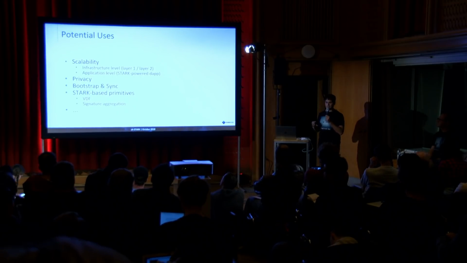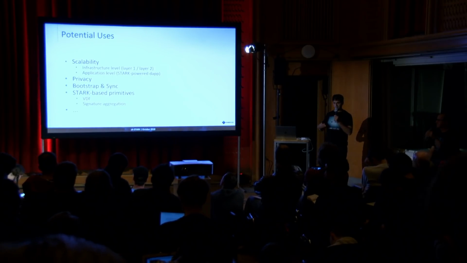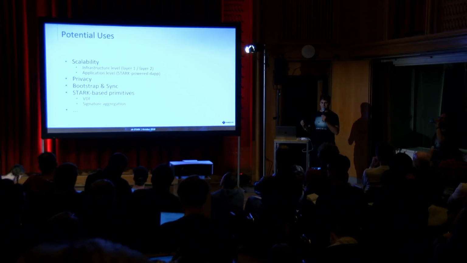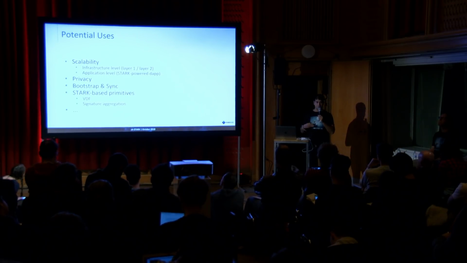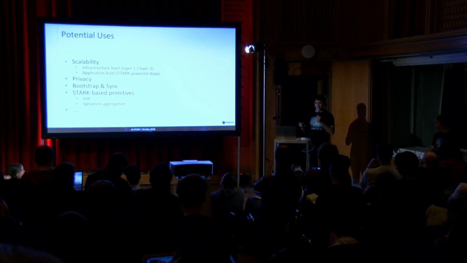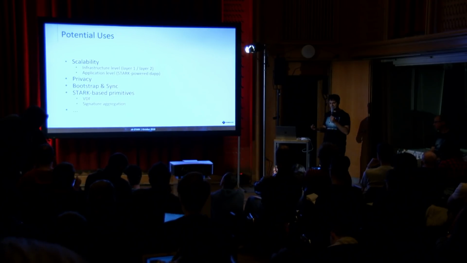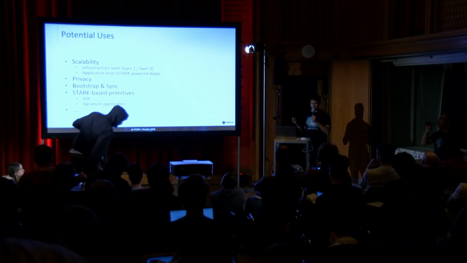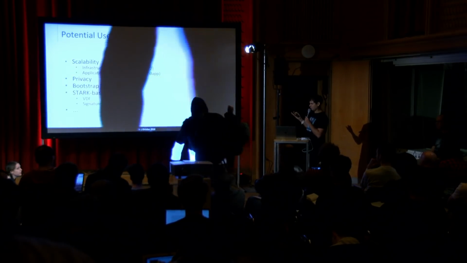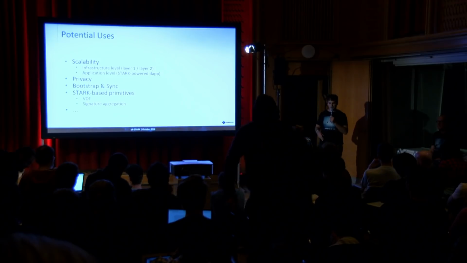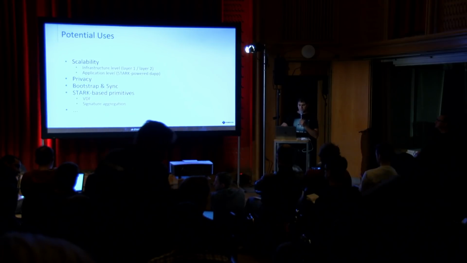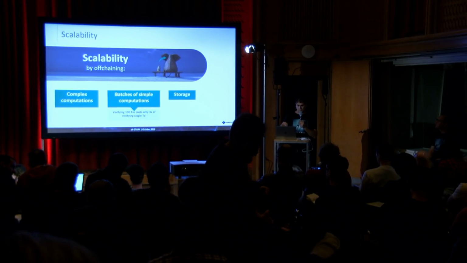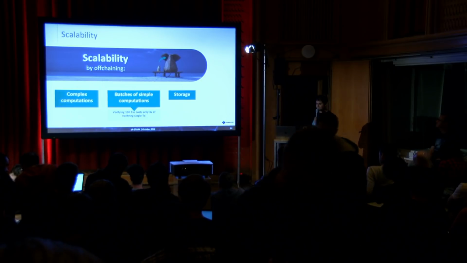The easier part is to find some function that you run 1 million times to get that. The harder part is to verify that the output after running this function 1 million times is correct without the need to run this function again. So this is something that you can very well use Starks for. And there are also other primitives such as signature aggregation. We have many other potential uses. I will not go into them in more detail now.